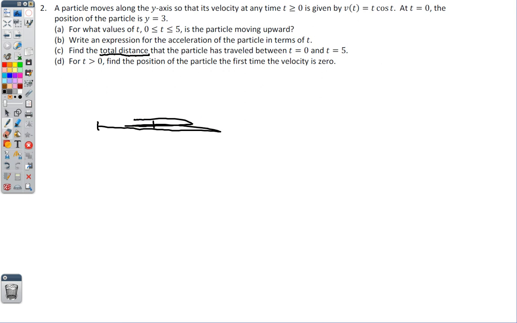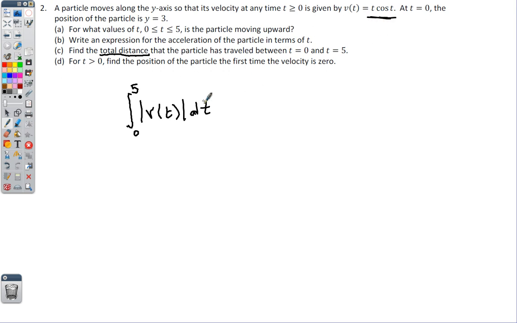Okay. So what we're going to do is take the integral between 0 and 5 of the absolute value of the velocity. Because the absolute value will allow us to consider the total distance, right? And you don't need to write more than this. You don't need to even put in t cosine t. You're just writing v of t, they'll understand that that means t cosine t.